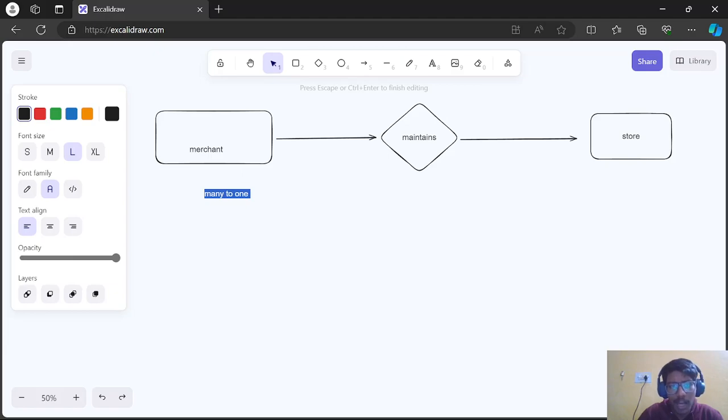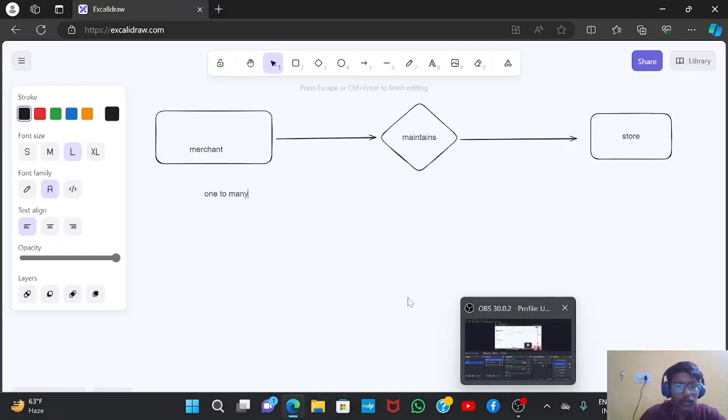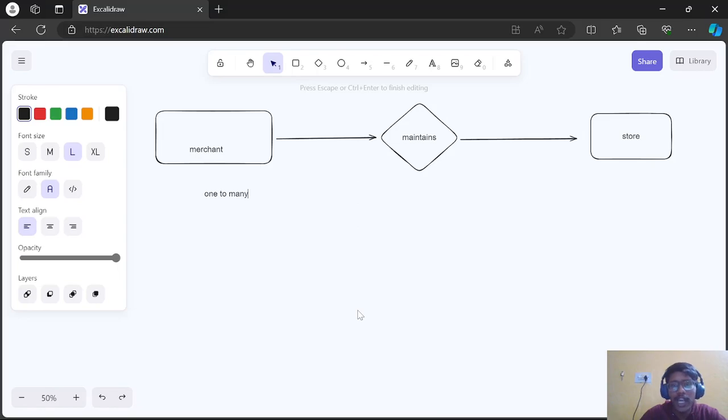A single merchant may have many stores, through which he can sell multiple goods. This will be a one to many relationship. A merchant can have multiple stores, which signifies that a single merchant may have multiple stores available for users to use.